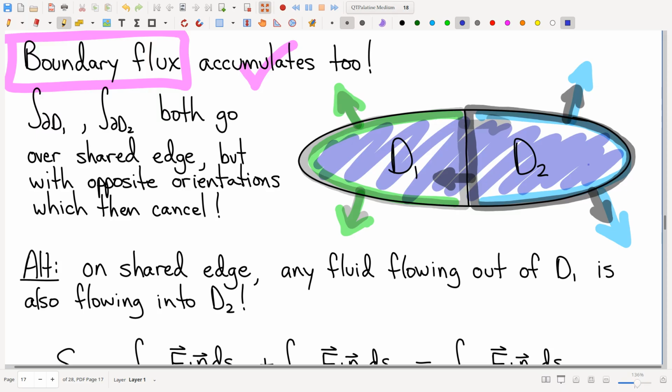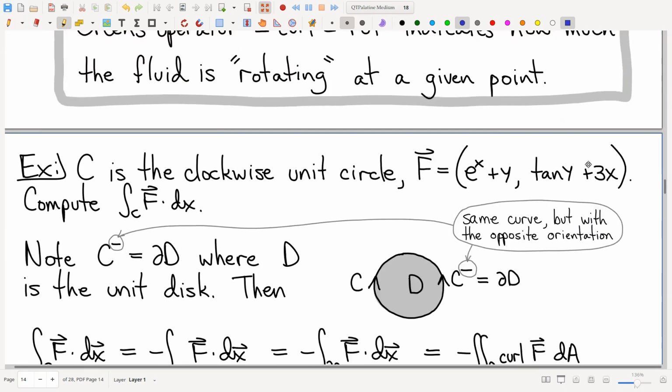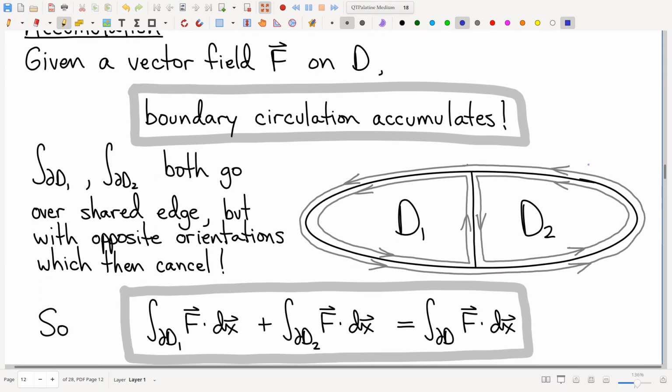Everybody see that? I feel it necessary to point out how analogous this argument is to the almost identical argument we made when we were talking about circulation. It's the same thing, just through instead of along. That cut edge, the shared common edge, appears twice but with opposite orientations through, as opposed to here, where it appears twice, but with opposite orientations along.